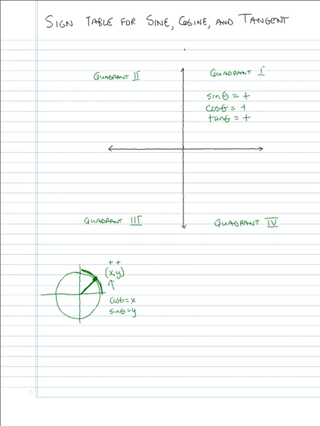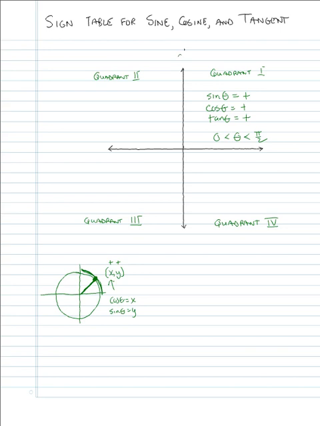So that's useful information to us. There are a lot of angles that would leave us in the first quadrant, but certainly any angle theta between 0 and pi over 2 radians would.